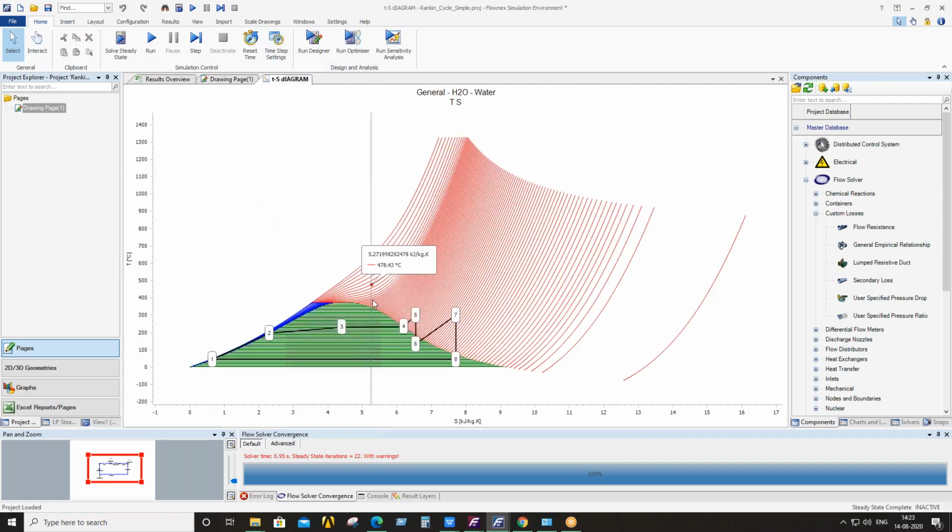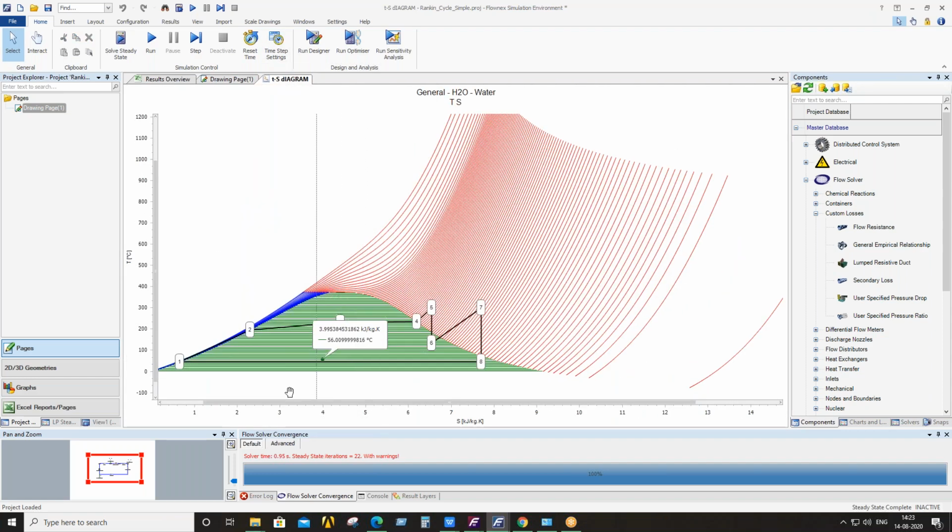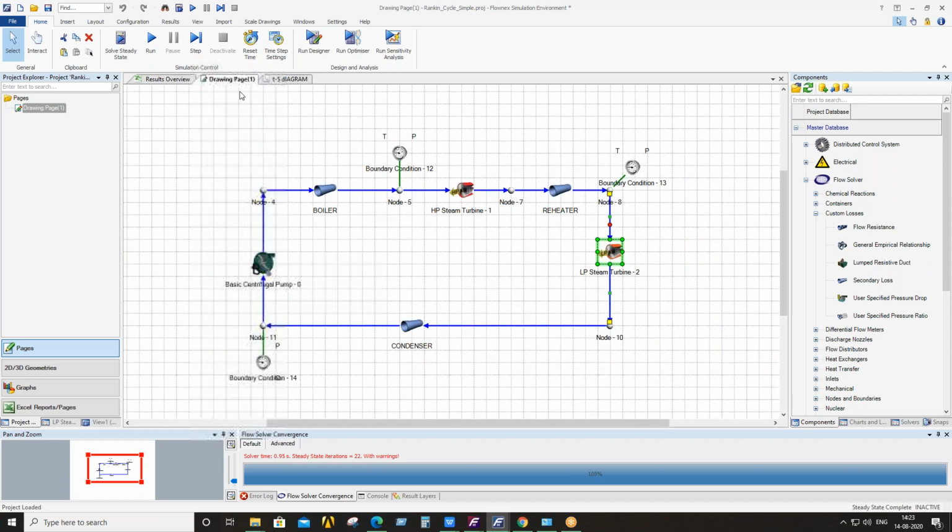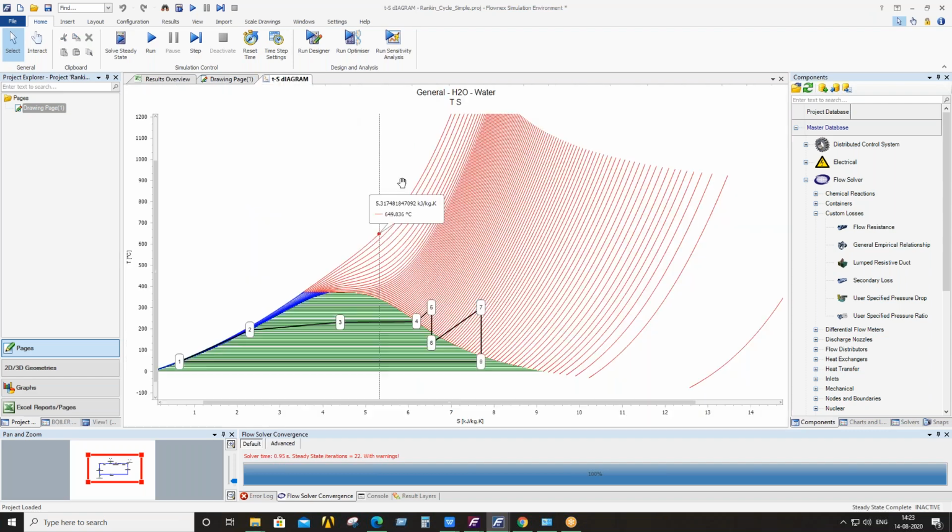So here you can see the TS diagram for this simple Rankine cycle. From this, the pump starts pumping the fluid, and at point 2 it enters the boiler, which is represented by this element, and by getting heat it turns from saturated liquid to saturated steam, and again it gets superheated.